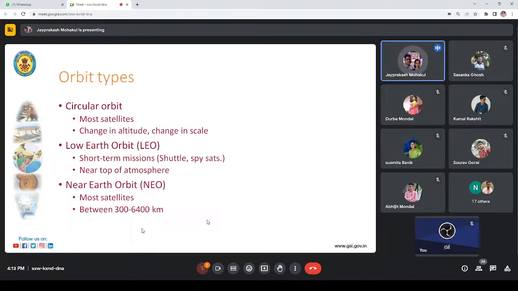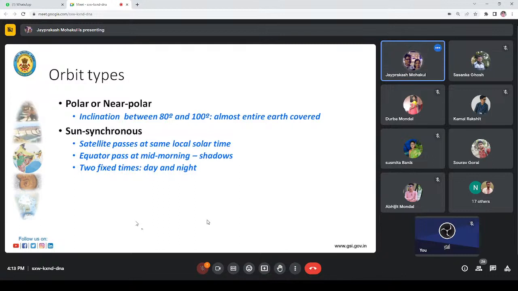You require that kind of satellite also, no? For telecommunication, or any channel, or local cloud estimation, right?